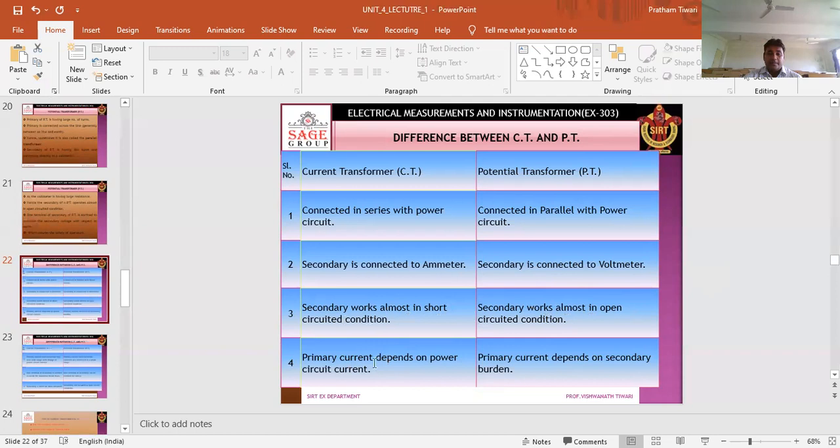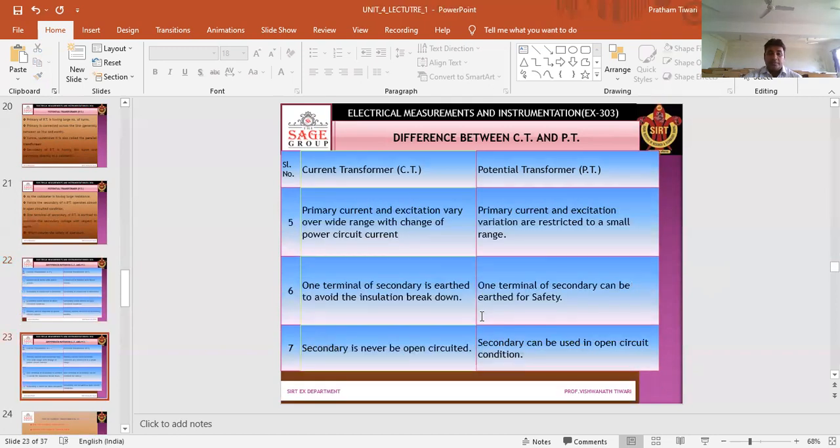In case of CT, the primary current depends on the power circuit current. In case of PT, the primary current depends on the secondary burden. In case of CT, the primary current and excitation vary over a wide range with change of power circuit current. In case of potential transformer, primary current and excitation variation are restricted to a small range.